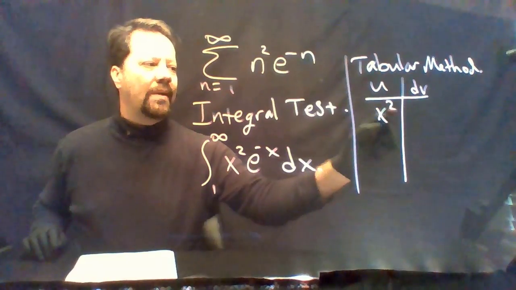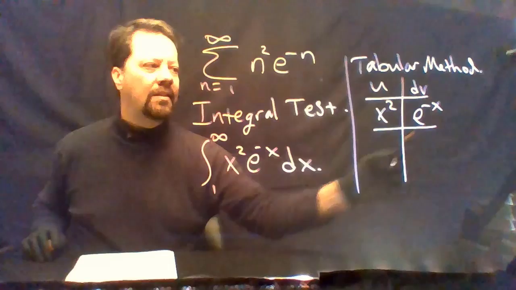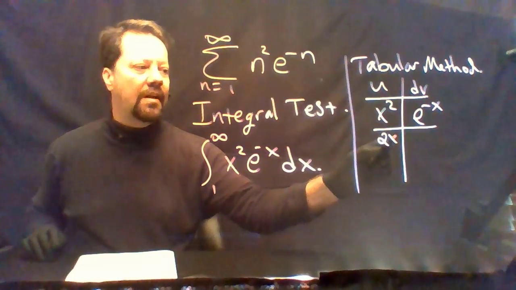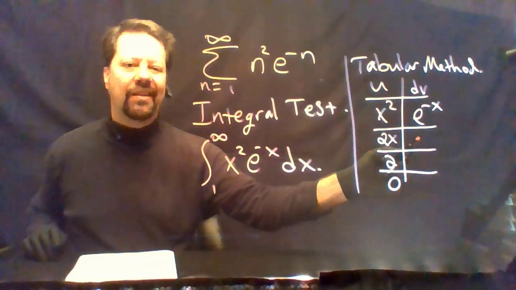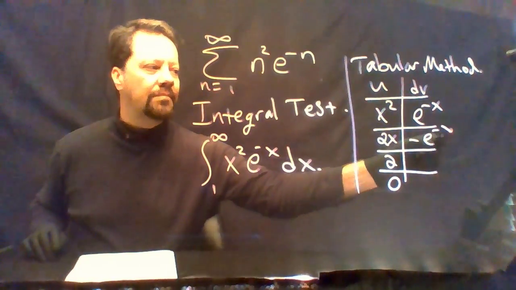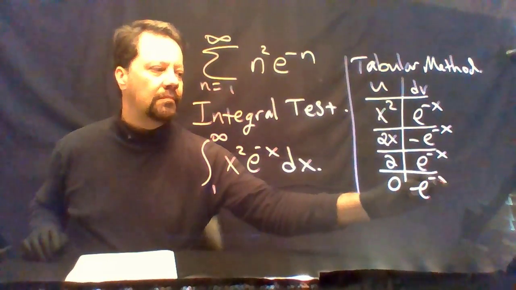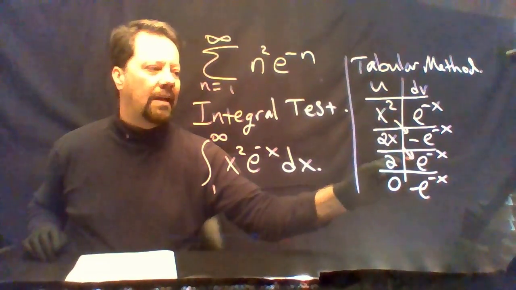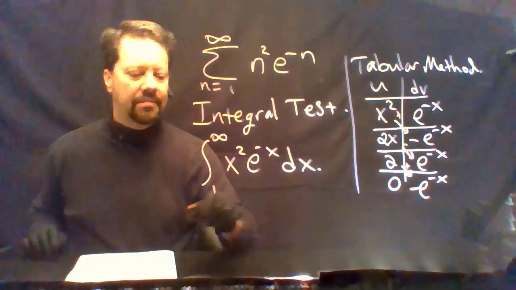U is x squared and dv is e to the minus x. We differentiate down the first column until we get to 0, and we integrate down the second column. We multiply down diagonals alternating signs, plus, minus, plus.